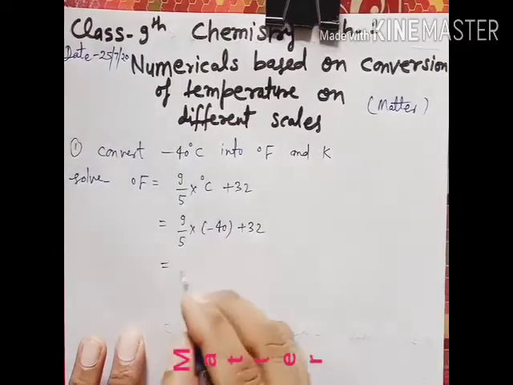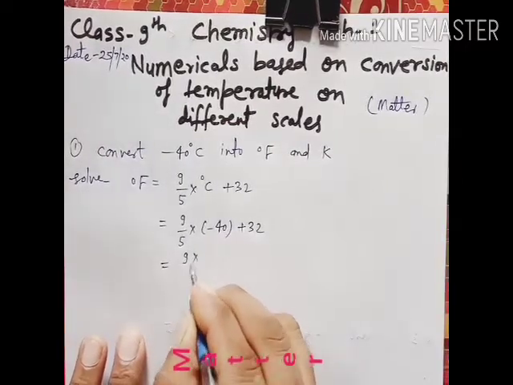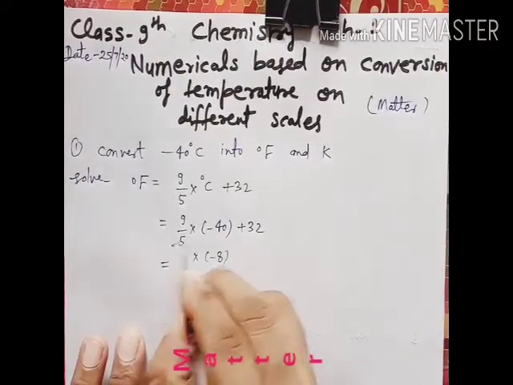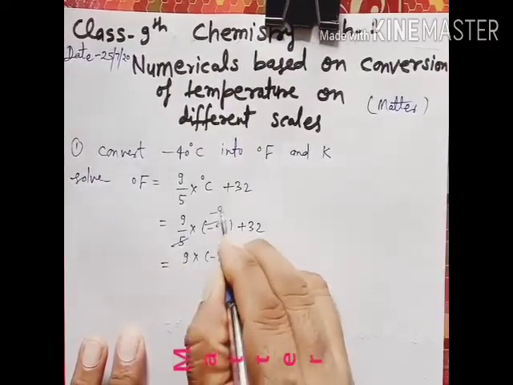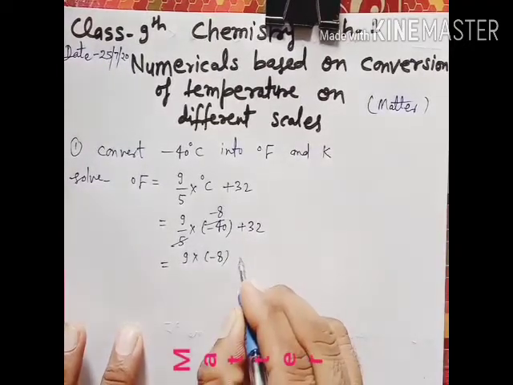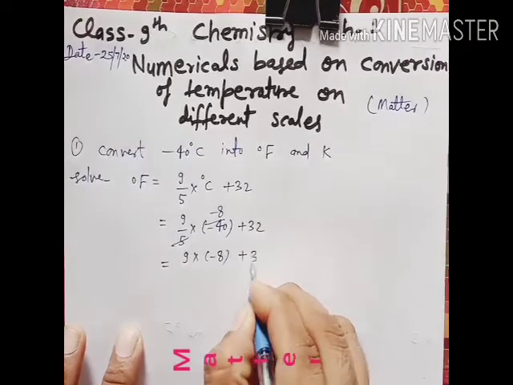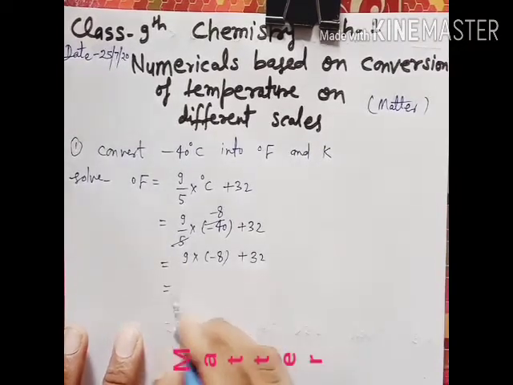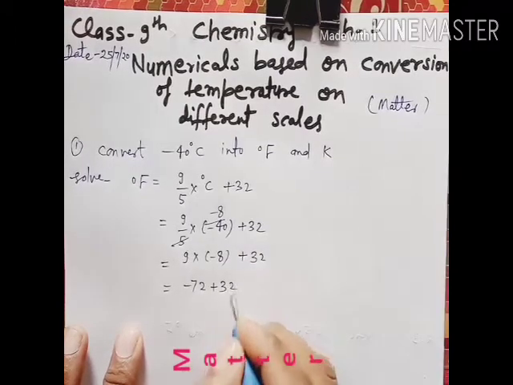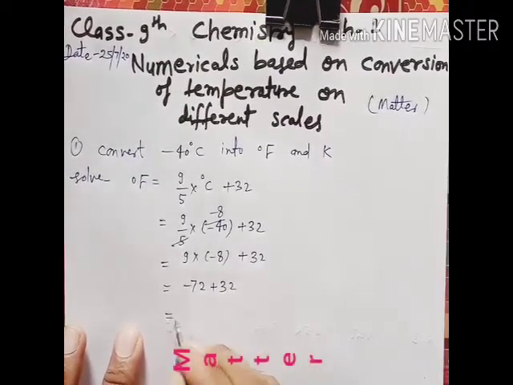Then we get minus 72 plus 32. 9 8s are 72, minus 72 plus 32. We get minus 40.